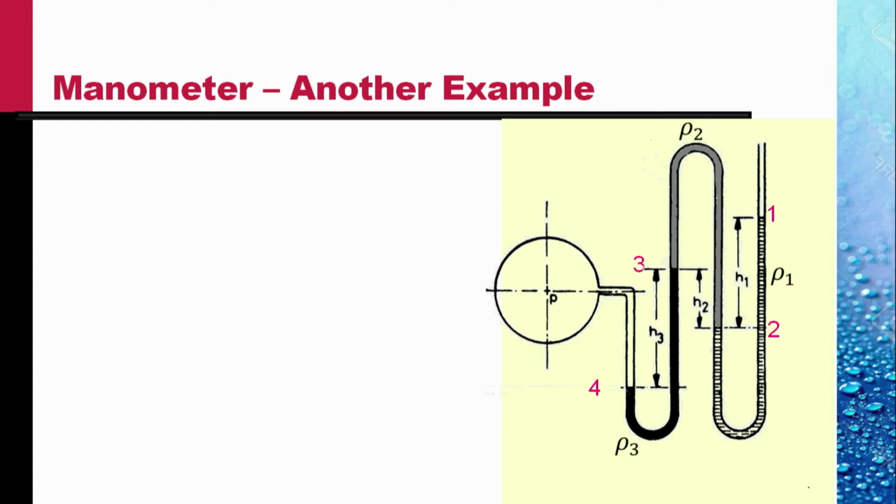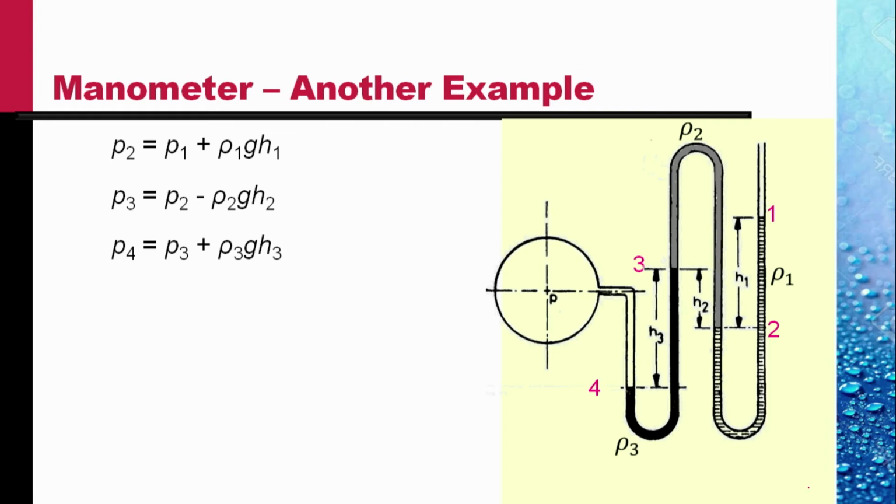Let's mark the points 1, 2, 3, 4. These are the levels at which the fluid changes. Clearly, the pressure at point 2 is greater than the pressure at point 1 in the rightmost limb, and is given by P2 is equal to P1 plus rho 1 g h1.